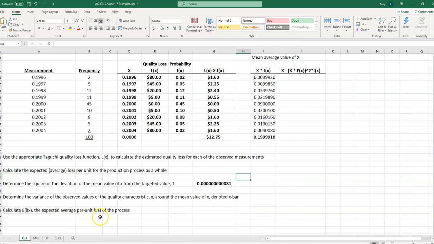Now we can use this information to determine the variance of the observed values and the expected average loss per unit of the process. For this calculation, we take X minus our mean, then square that value and take it times the f of X, or our probability.